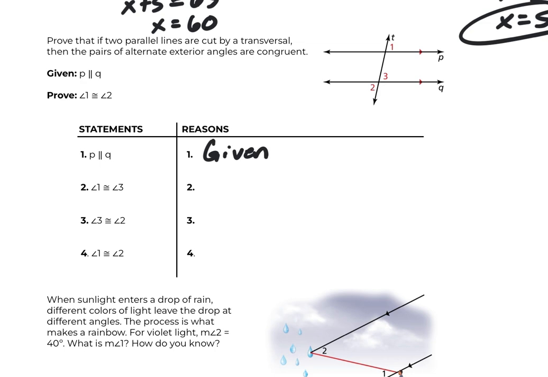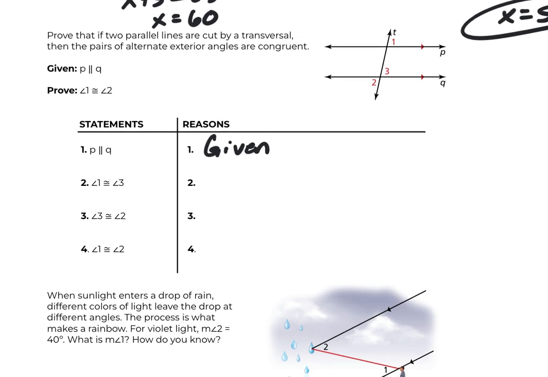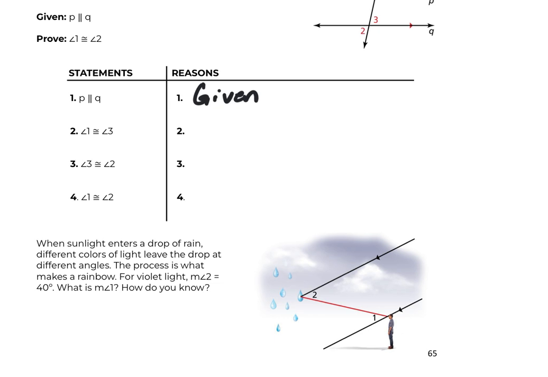So here's what we're going to say. There's a couple different ways that you could say this. So instead of saying the corresponding angles theorem, I would say if P is parallel to Q, then corresponding angles are congruent. We're stating what the corresponding angles theorem says. I know it's a little bit more writing, but at least we have a little bit more understanding of what the corresponding angles theorem is.